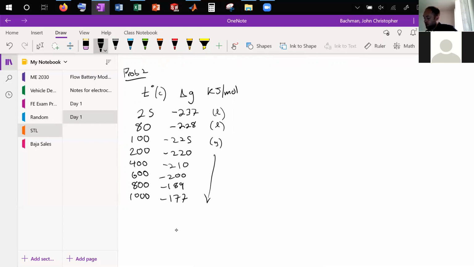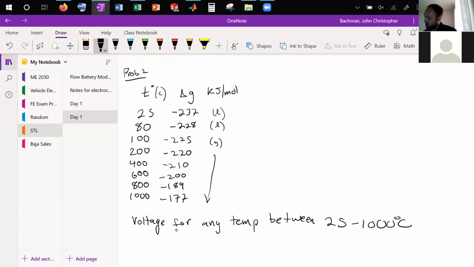So next we're going to try and calculate the voltage using any temp between 25 and 100 C, up to 1000 C.